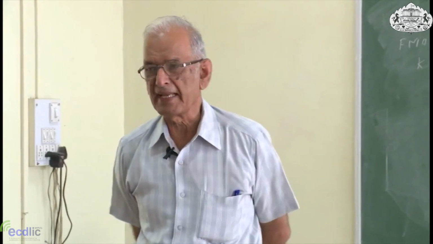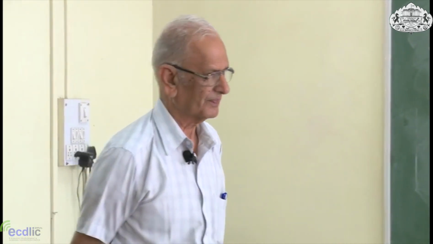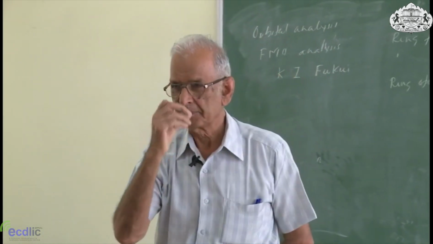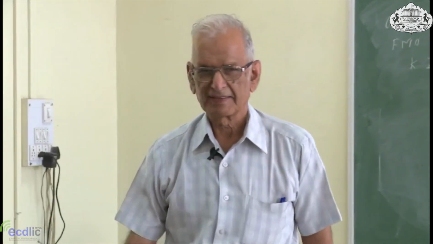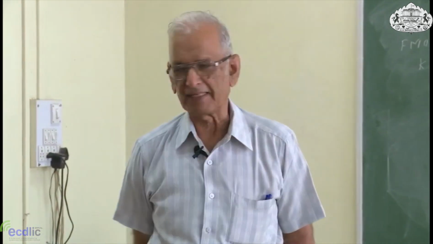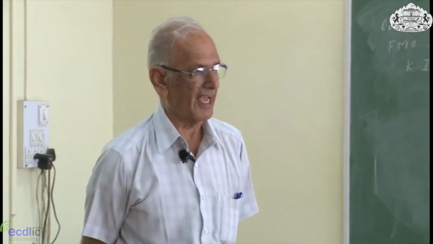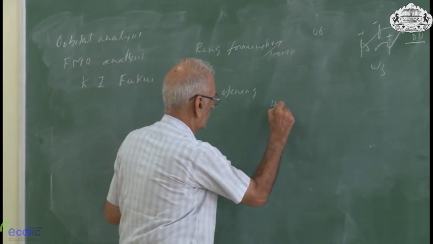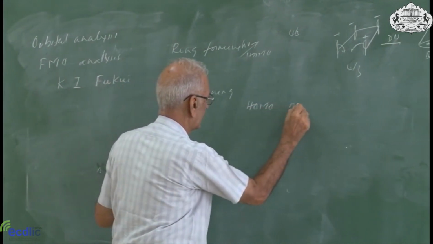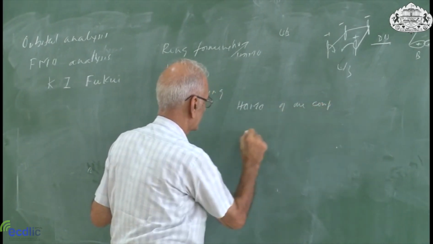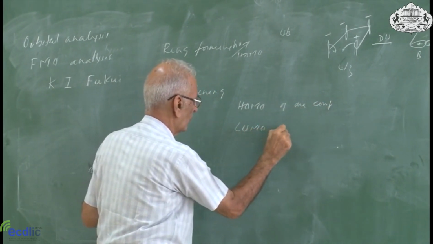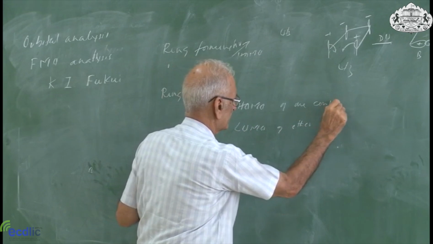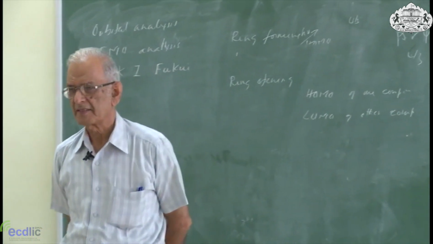Now we are looking at the ring opening reaction. There is a lot of mathematics to this. Being organic chemists, we forget the mathematics. Okay, we tell the final answer. All right. So, HOMO of one component and LUMO of the other component. So, you draw this.